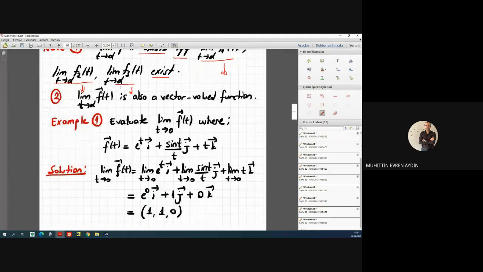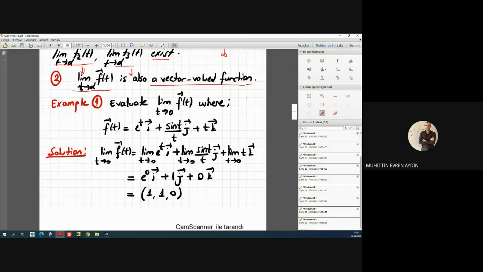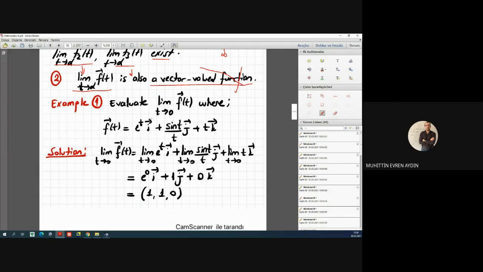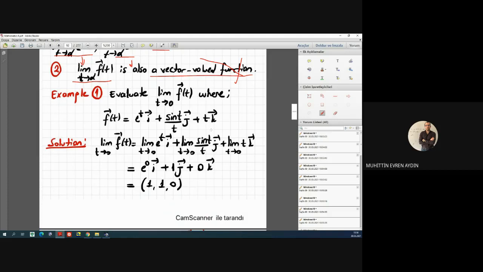By the way, we should emphasize that the limit of a vector valued function is a vector. Indeed, it should be a vector, as we can see in this example.